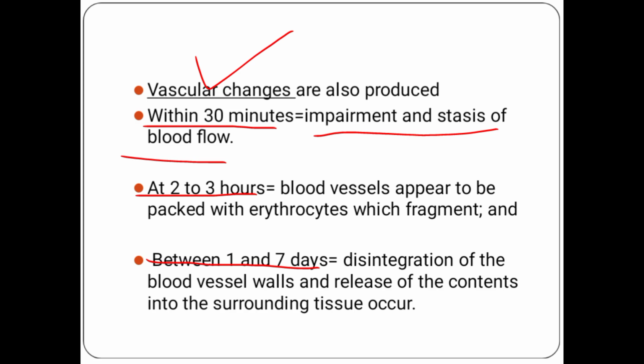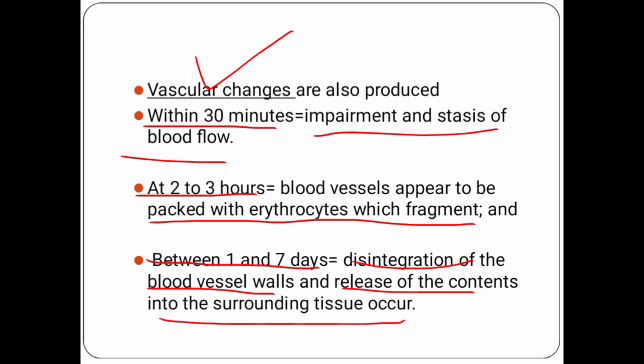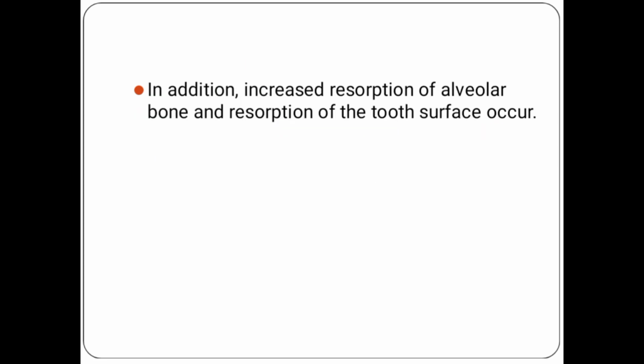At 2 to 3 hours, the blood vessels appear packed with erythrocytes, and between 1 to 7 days there is disintegration of the blood vessel walls, meaning the walls break or are damaged, so the contents come out into the surrounding tissues.